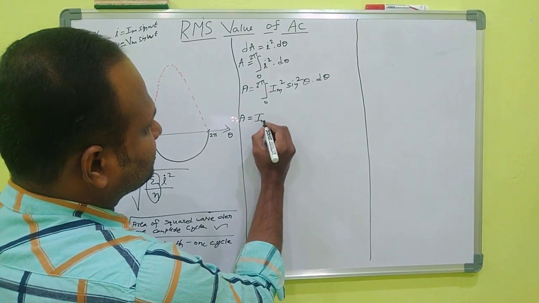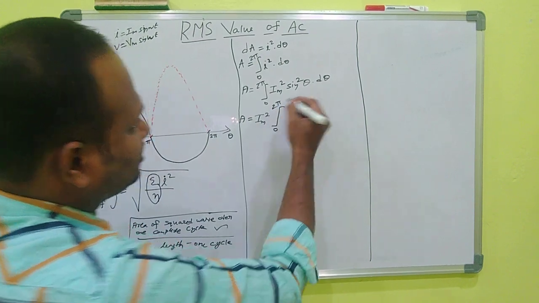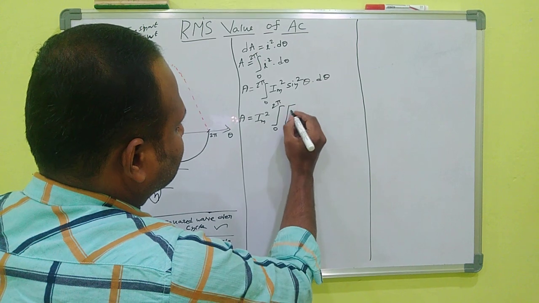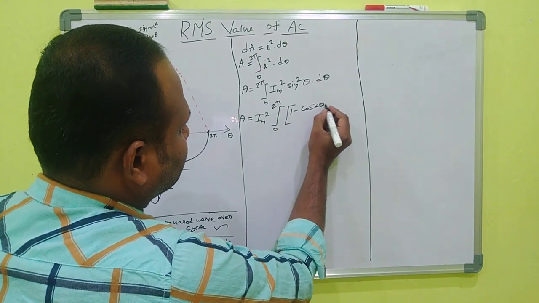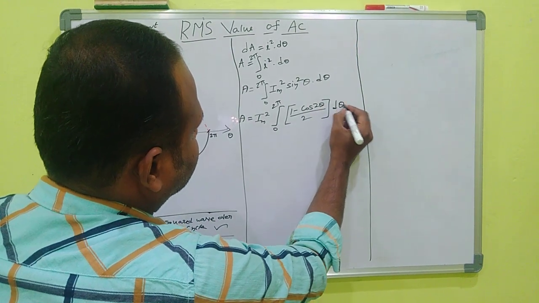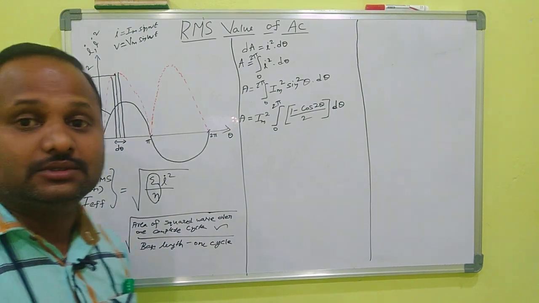This Im square is constant, so we take it out, leaving the integral from 0 to 2 pi of sin square theta d theta. We can write sin square in terms of cos, that is, (1 minus cos 2 theta) by 2, into d theta. Okay, good. Everything is going well.